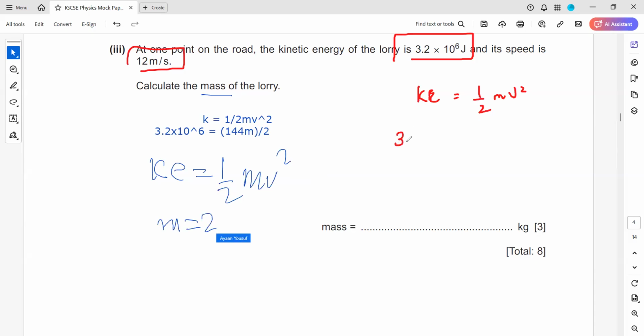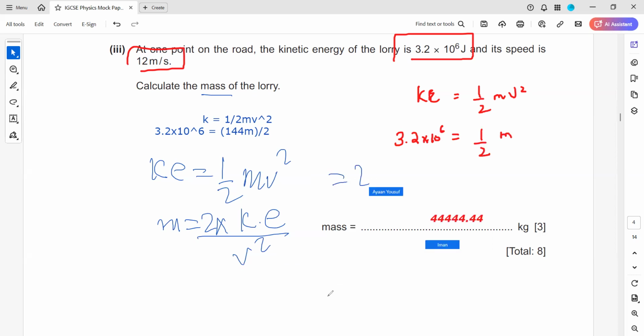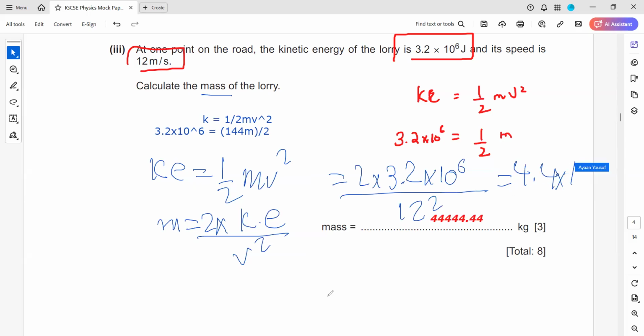The kinetic energy is 3.2 into 10 to the power 6, equals 1 by 2, the mass is unknown, and the speed is 12, so this will be 12 squared, which is 144. When you write the answer, always write it in 3 significant figures. For example, if it is 1.517, round it off to 1.52 exponent 7. So multiplying 2 and dividing by 144 gives the mass, which is 4.4 exponent 4 kilograms.